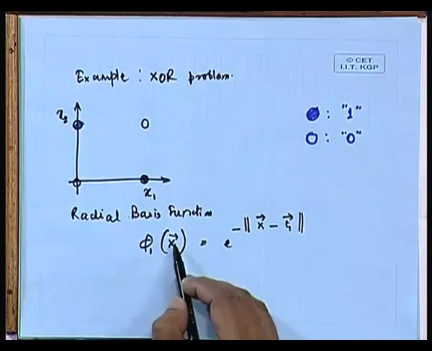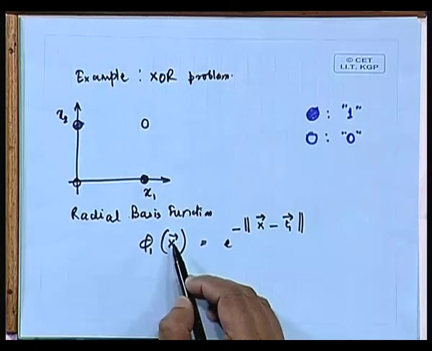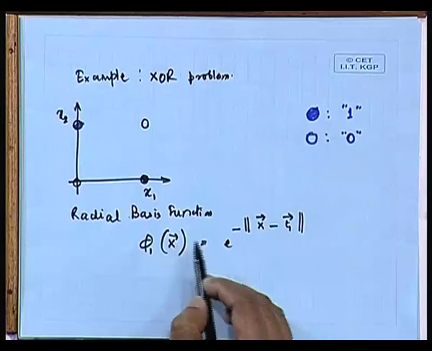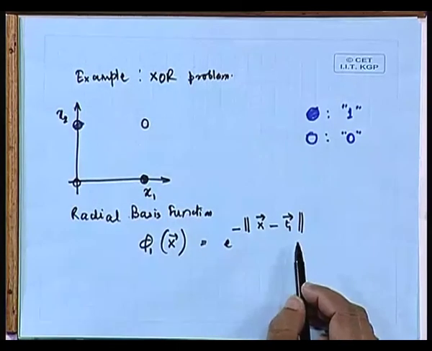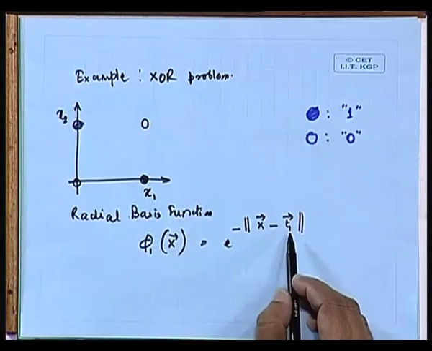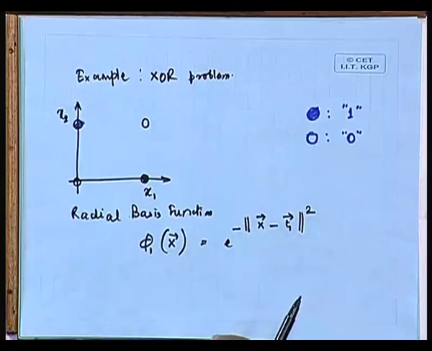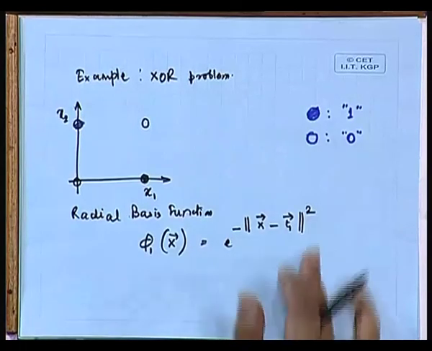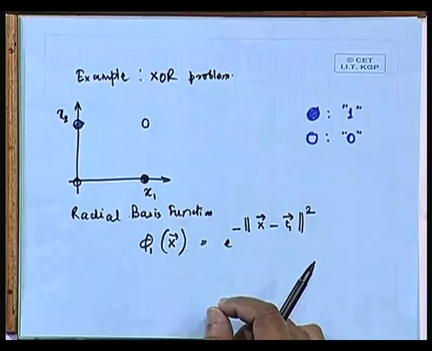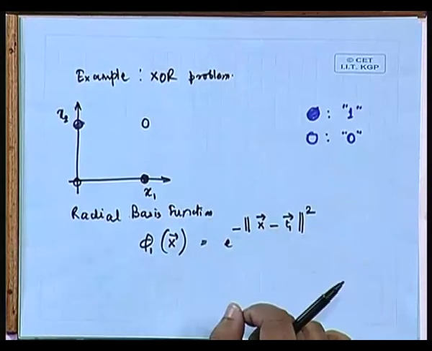That means x vector's dimensionality in this example is 2, because there are two inputs, and likewise the T1's dimensionality will also be 2, and this norm should be taken in the square. So, this is our very popular Gaussian function, which you can immediately identify.